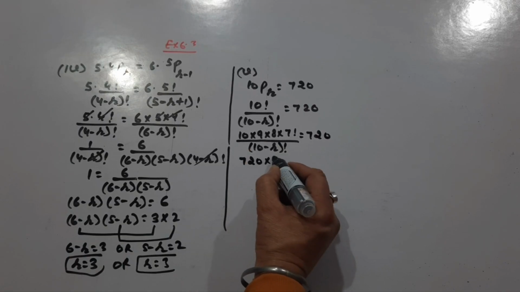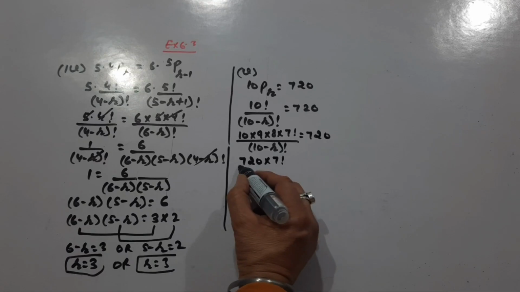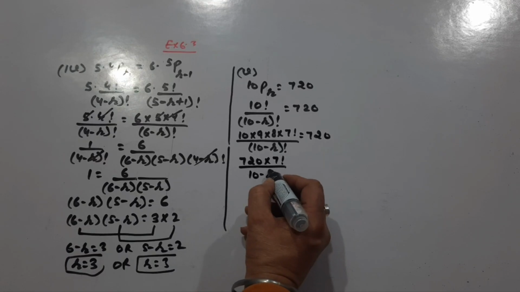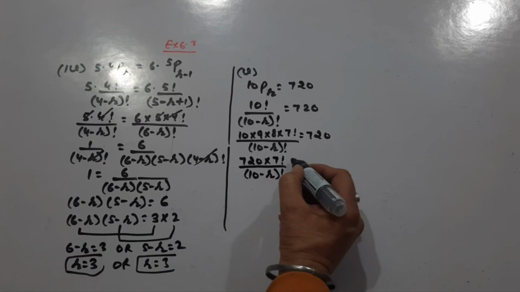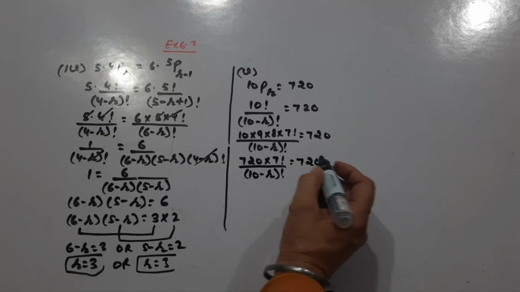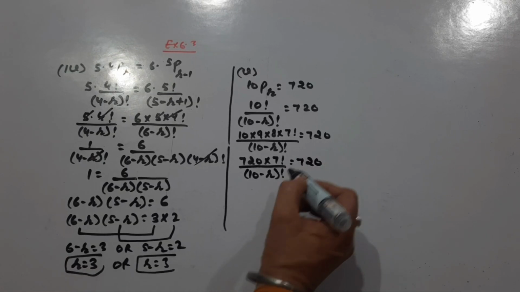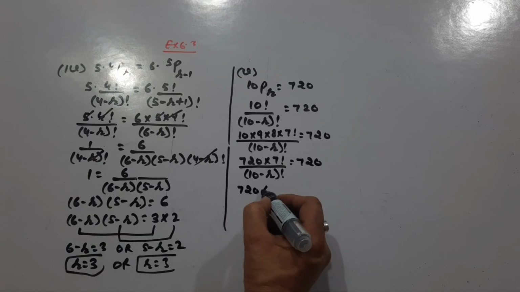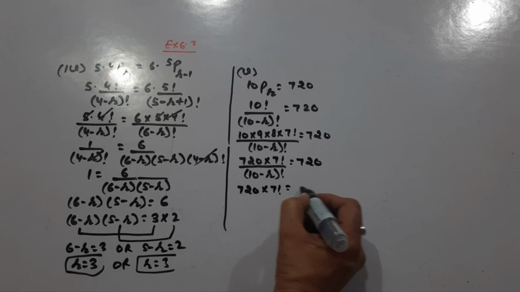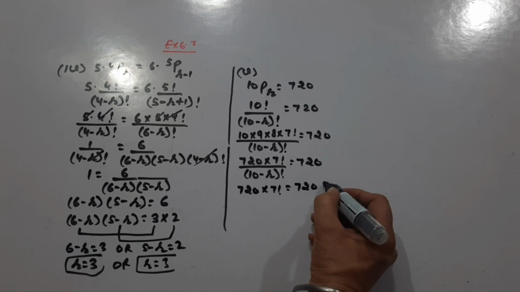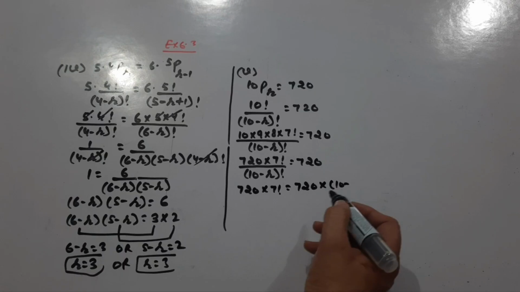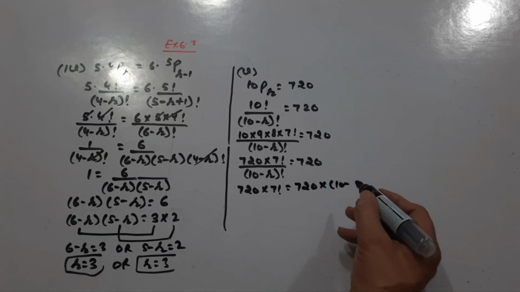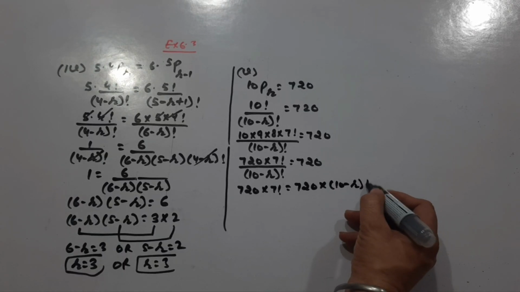So 720 into 7 factorial upon (10 minus r) factorial equal to 720. So cancelling 720 with 720, or we can write like this: 720 into 7 factorial is equal to 720 into (10 minus r) factorial.